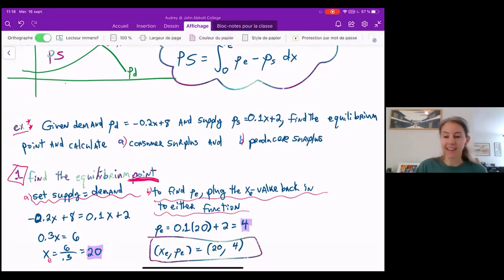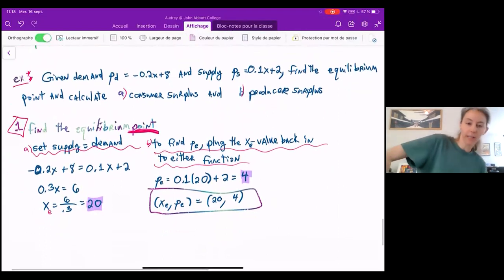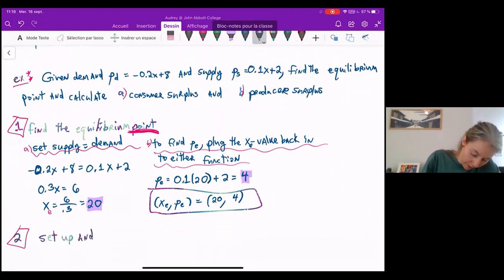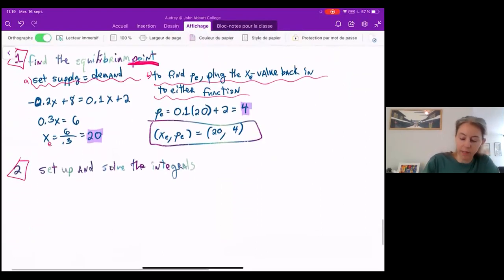Now my next step is, now that I have the equilibrium point, in this case I'm asked for consumer and producer surplus, so I set up and solve the integrals for the one that I'm asked for. So I know that my bounds for both of these things are going to be the same.